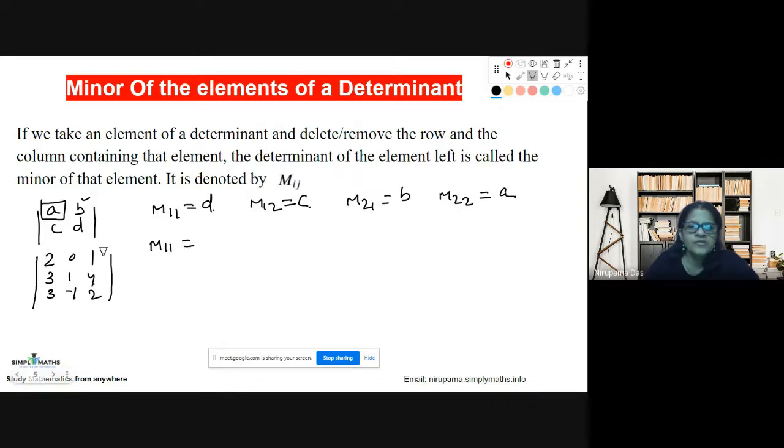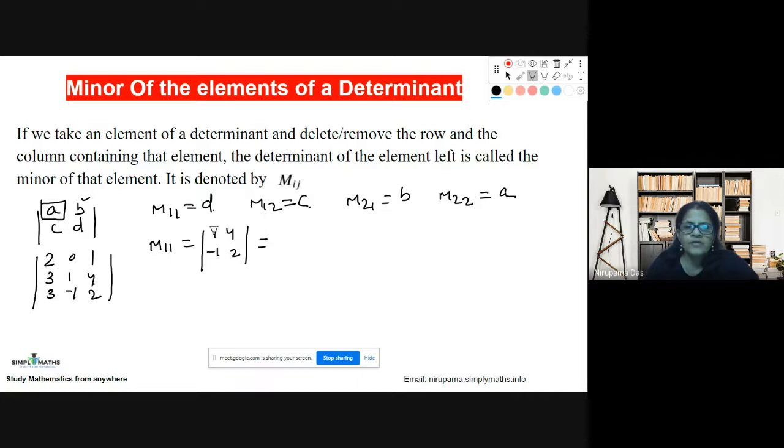So first row, first column. Delete this. Delete means you do not consider this. Removing first row, first column, you consider the remaining elements: 1, 4, minus 1, 2. So the determinant of this.